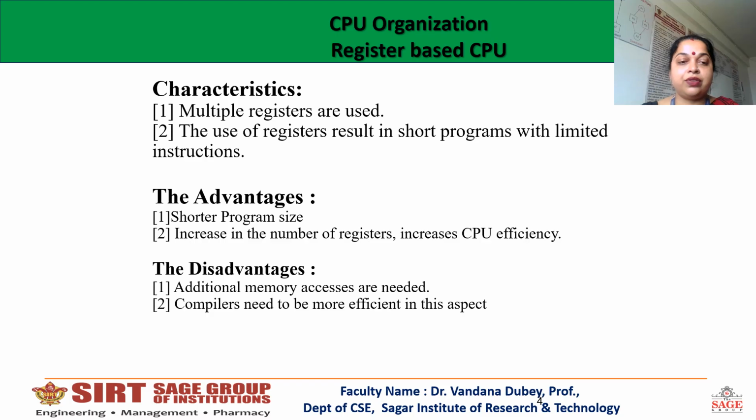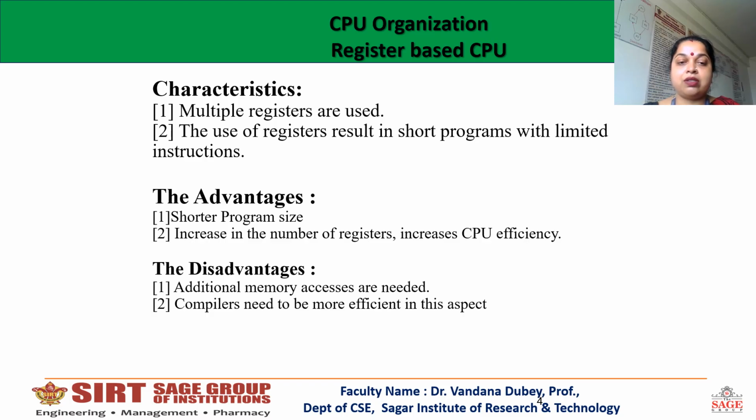Talking about the characteristics of a register-based CPU, unlike accumulator-based CPUs, which rely on a single accumulator for operations, register-based CPUs utilize multiple registers to hold intermediate values and perform calculations efficiently.